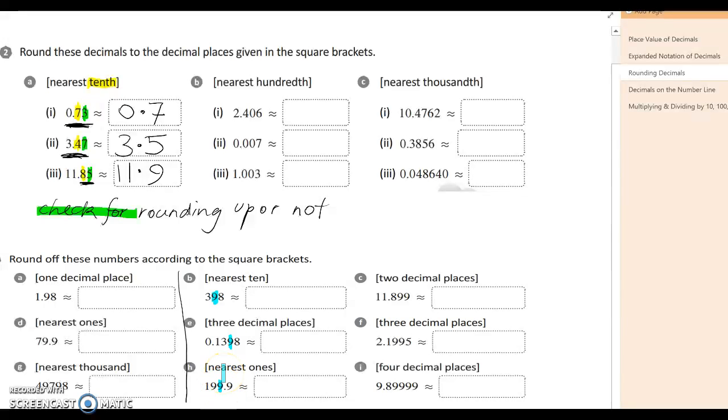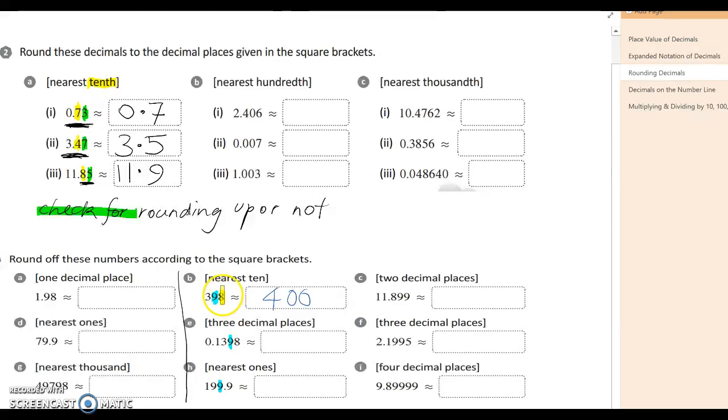So now I've got to go back and make a decision. Right, let's do it. So the nearest 10. Well, is 398 closer to 390 or the next 10 after that, which would be 400? Well, I reckon it's 400. And remember, the way that we do it if we forget is, let's check it out.